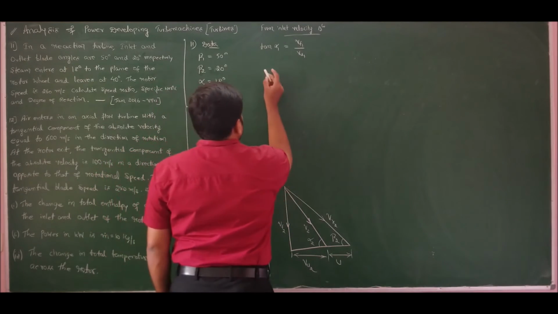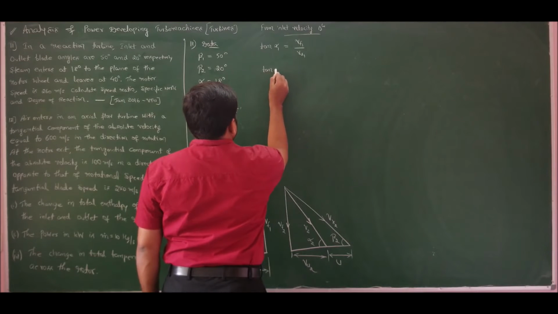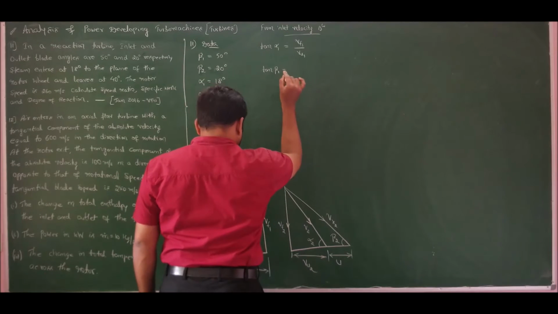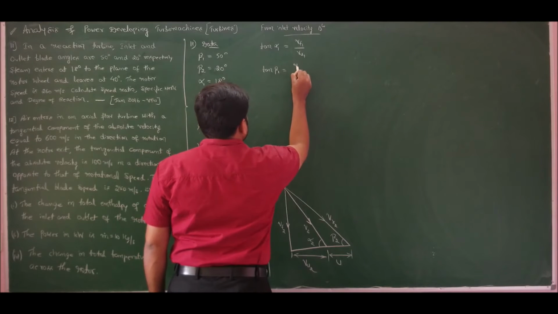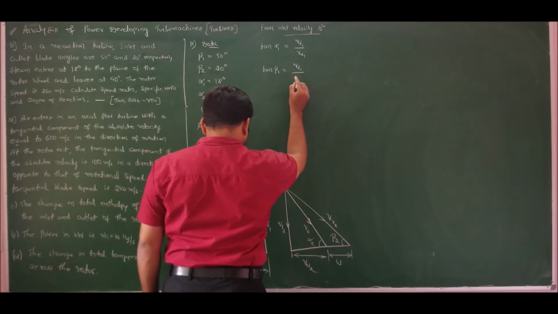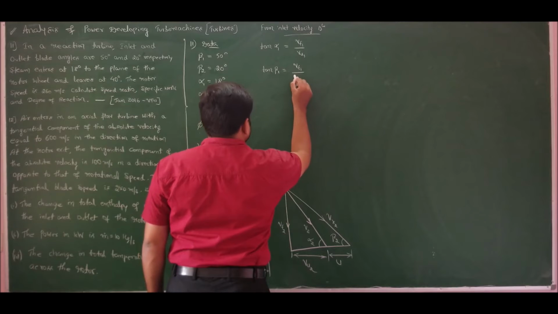Similarly, tan beta 1 can be written as Vf1 by Vu1 minus U.